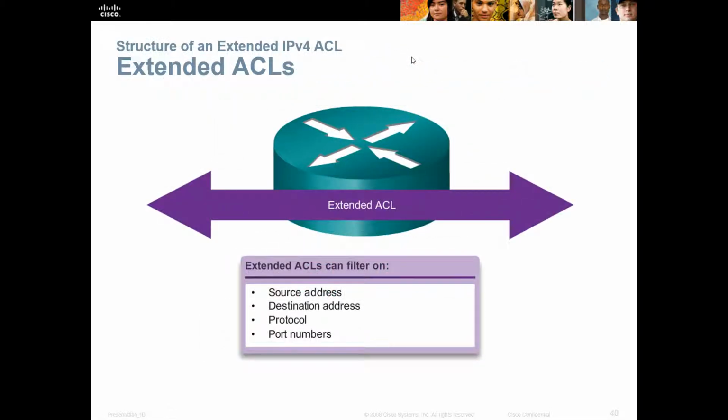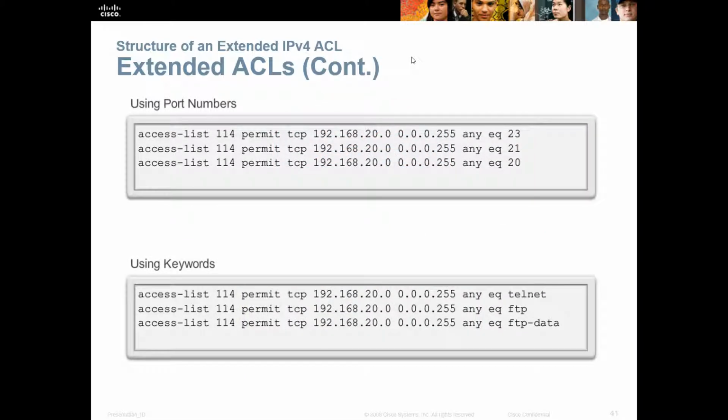Moving on to extended ACLs. Again, they can be filtering off of source, destination, protocol, and/or port number. Pretty similar to our standard, except here the number is going to be higher.